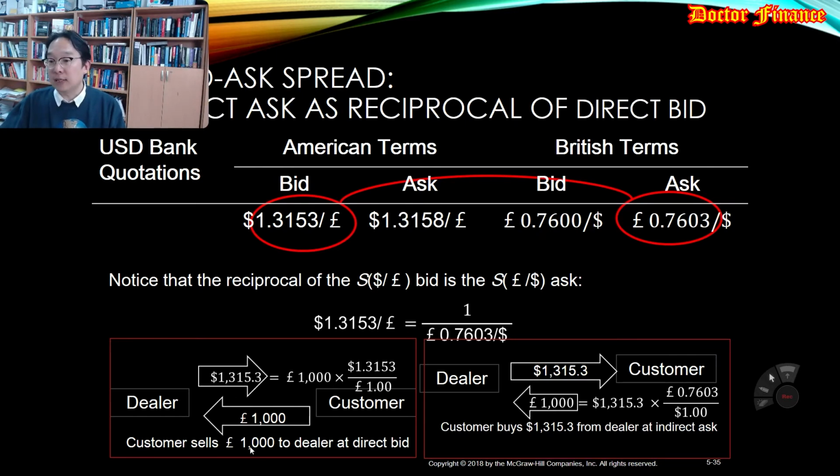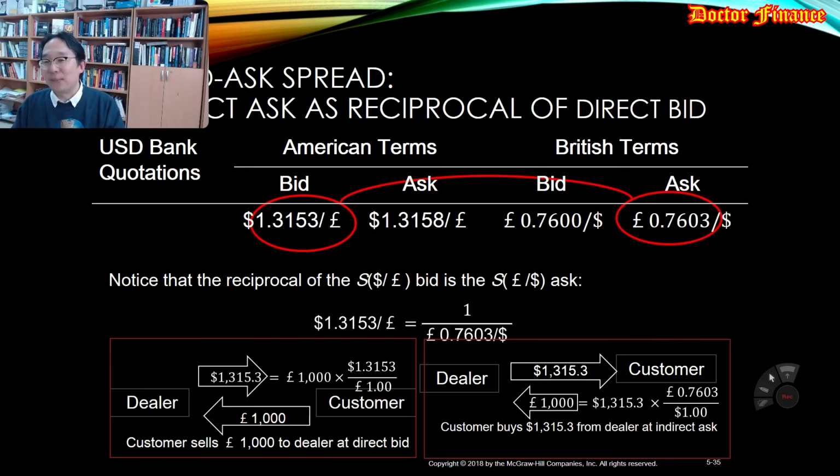And then the customer sells 1,000 pounds to the dealer at the direct bid price. You can interpret the same thing as the customer buys 15 US dollars from the dealer at the indirect ask price. Okay. So the relationship, right? It's confusing indeed.